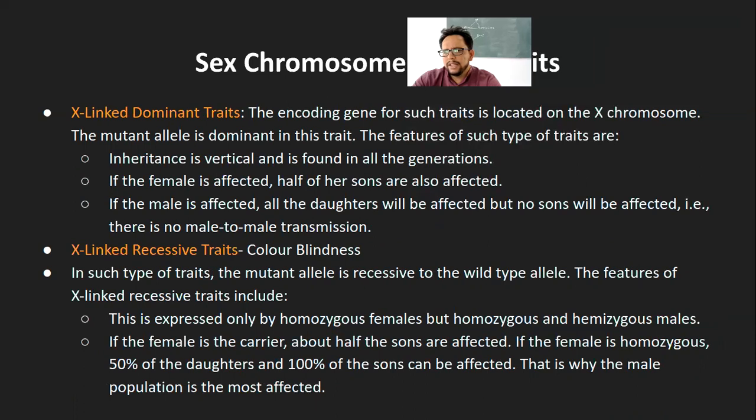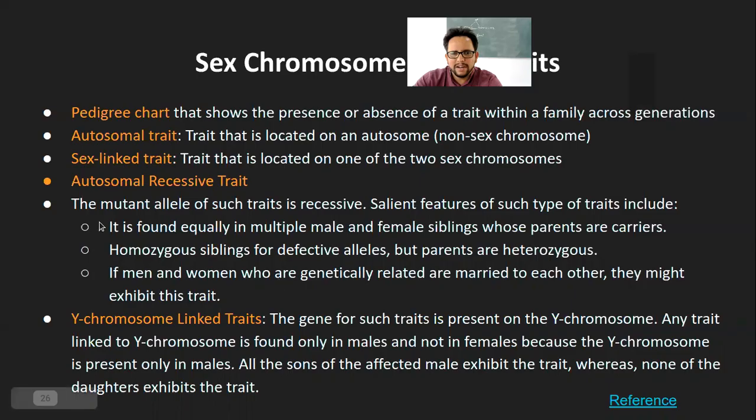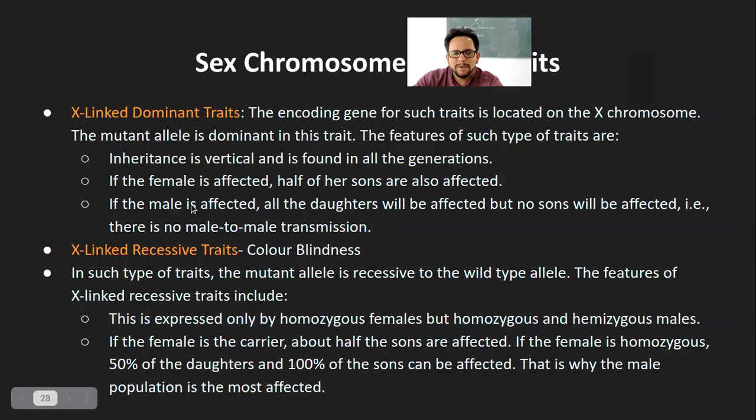Then the next one is X-linked dominant traits. What we saw earlier was autosomal recessive traits, then Y chromosome linked traits. Now we are coming to X chromosome linked dominant traits, and last we will see X chromosome linked recessive traits. So first the dominant one.